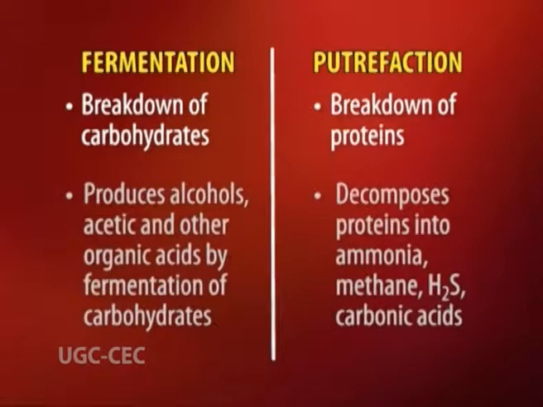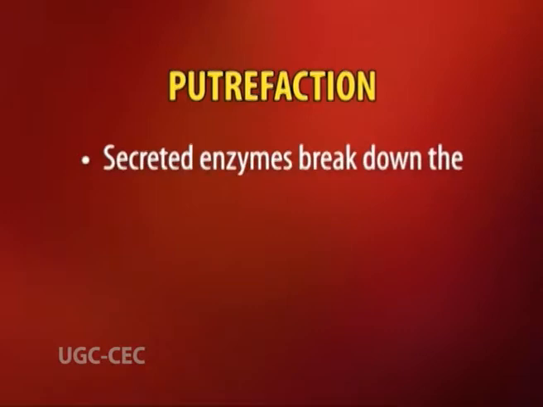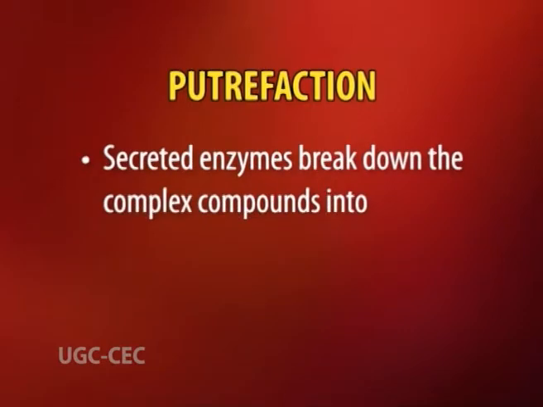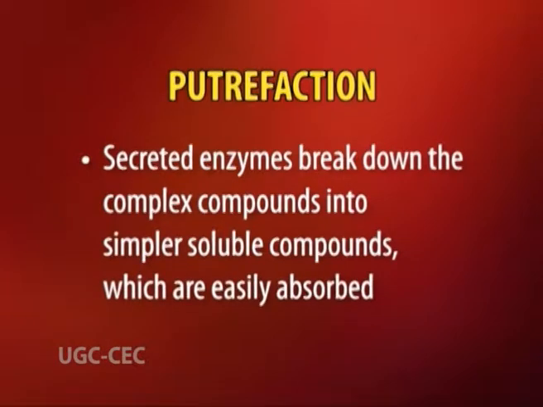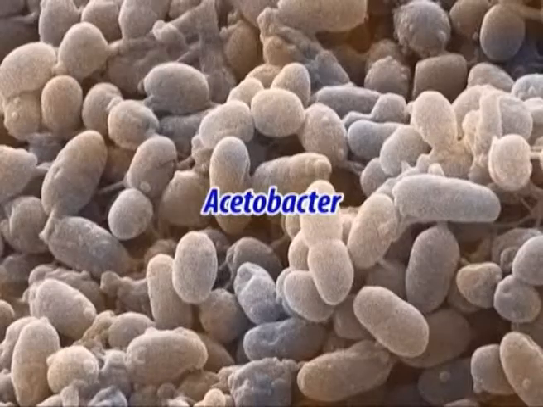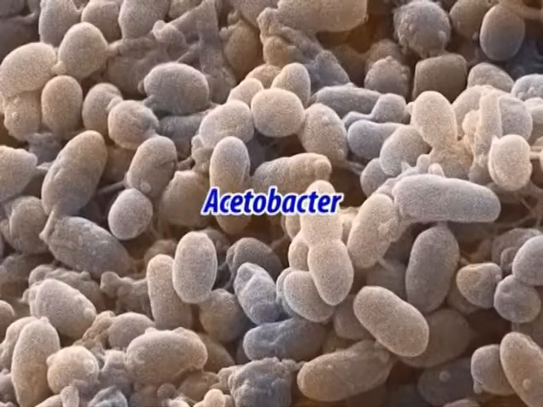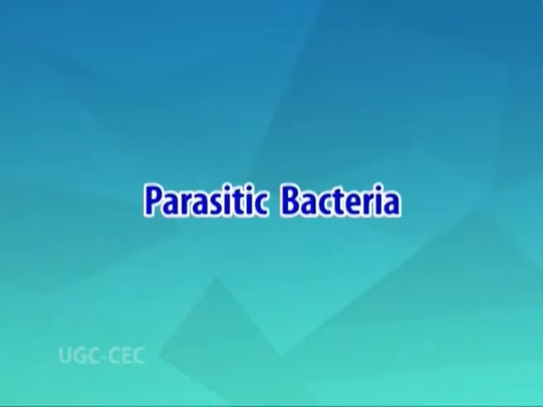Fermentation produces alcohols, acetic and other organic acids from carbohydrates. Putrefaction decomposes proteins into ammonia, methane, hydrogen sulfide, carbonic acids. The secreted enzymes break down the complex compounds into simpler soluble compounds which are easily absorbed. Example is Acetobacter.